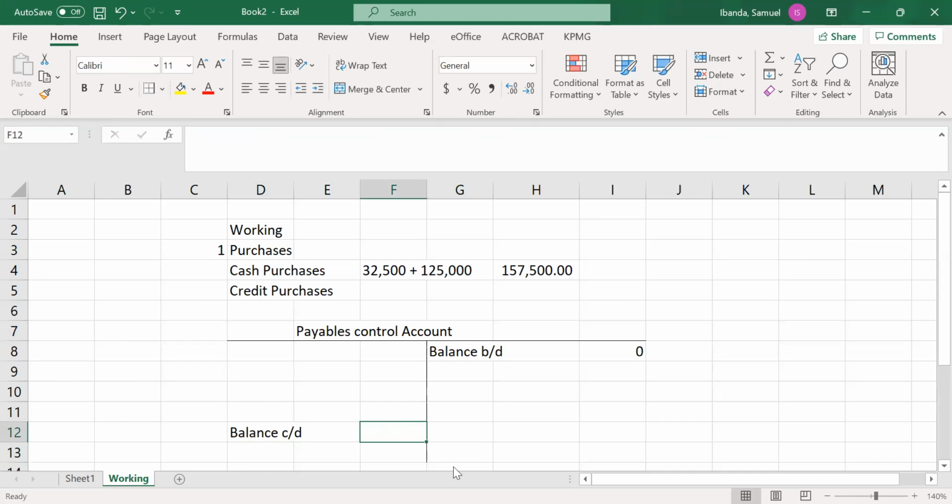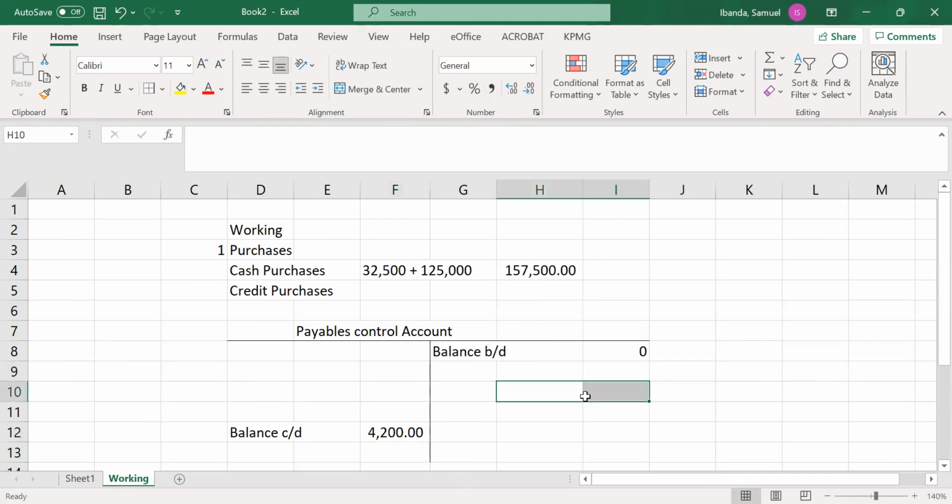So the balance carried down is the 4,200.